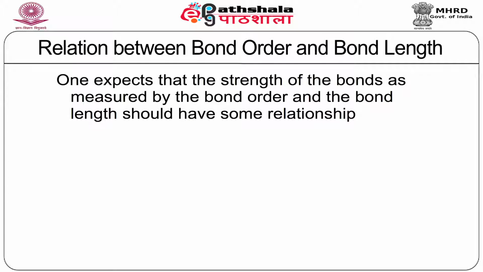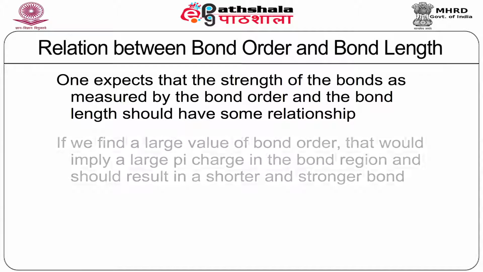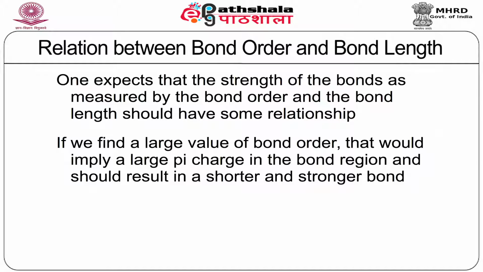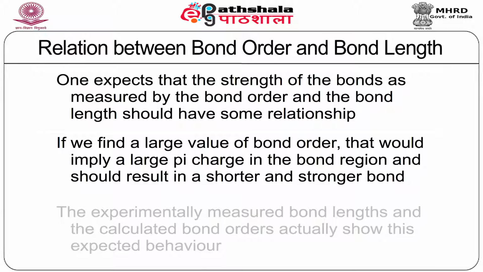One expects that the strength of the bonds as measured by the bond order and the bond length should have some relationship. If we find a large value of bond order, that would imply a large pi charge in the bonding region and should result in a shorter and stronger bond.